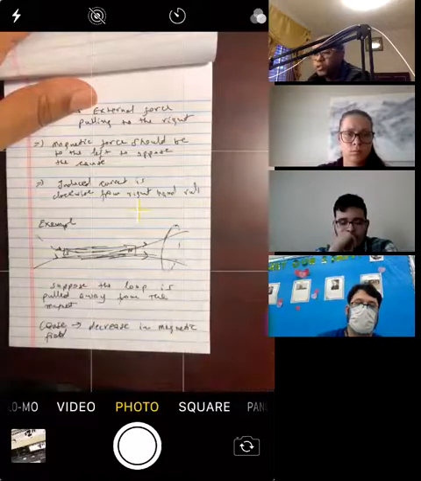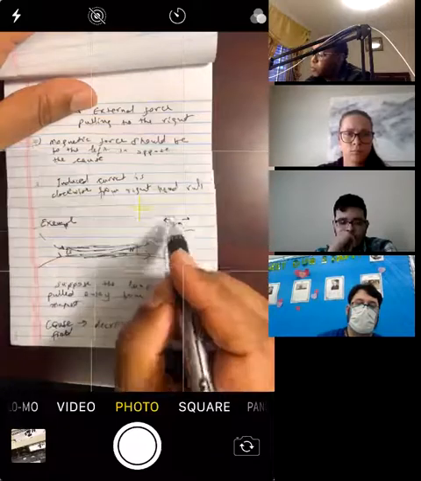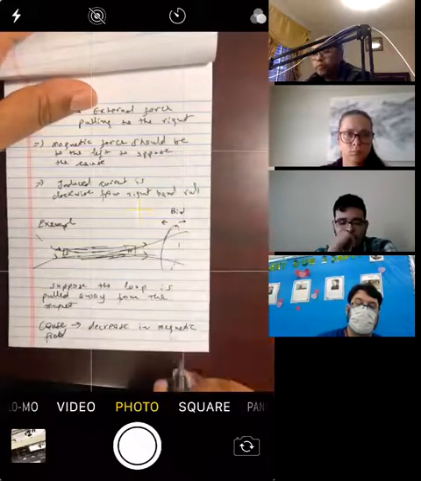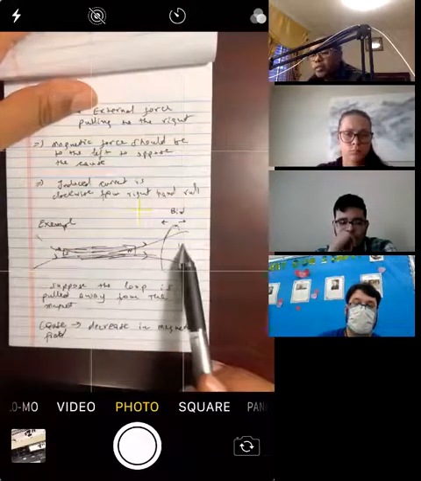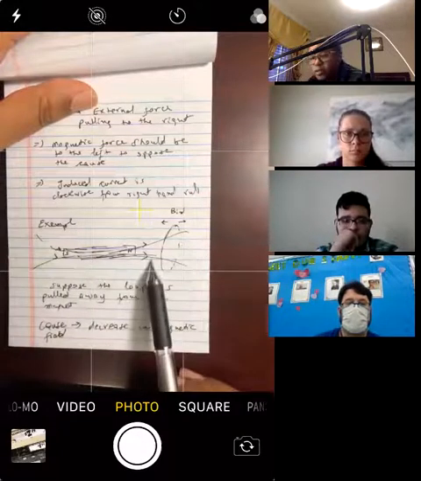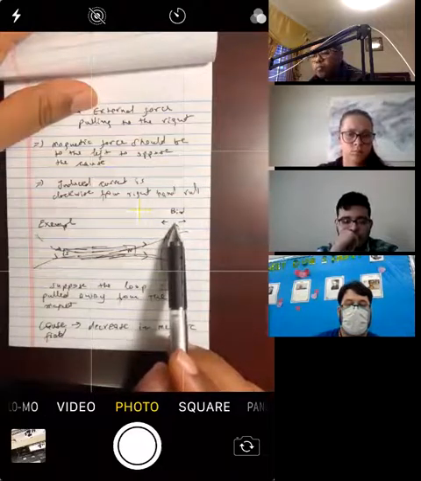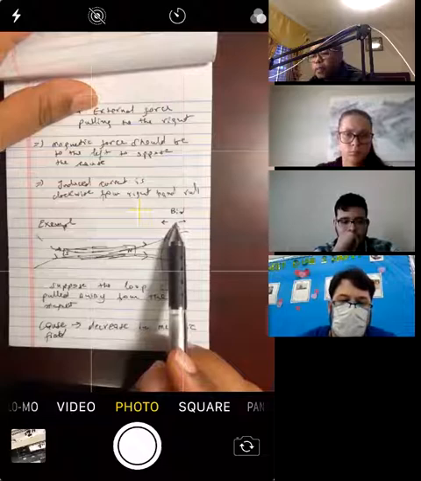So that induced current is going to produce a magnetic field. The question is, should that magnetic field be this way or this way? We're talking about the induced field due to the induced current. And Lenz's law tells us the direction of the induced current should be in such a way as to oppose the cause. So if the cause is a decrease, what should be the effect of this magnetic field? It should be to increase it.